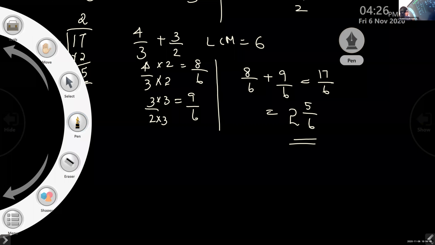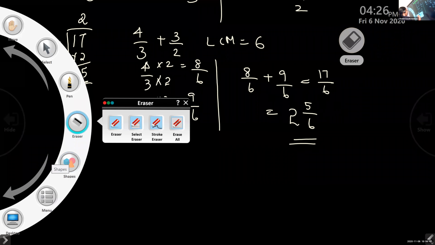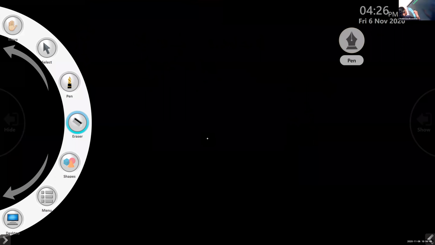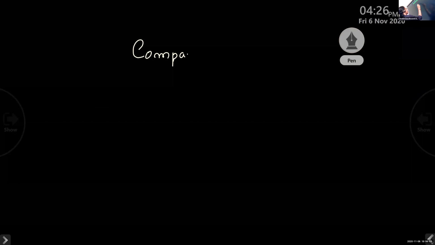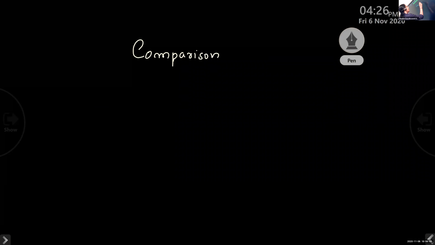So comparison. Comparison also we are using LCM. Comparison of fractions. Okay, children.